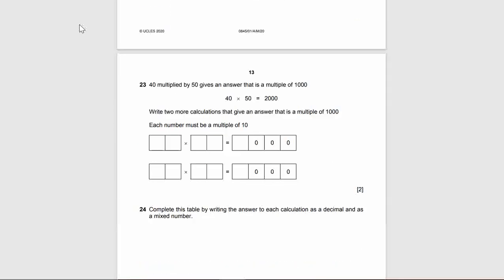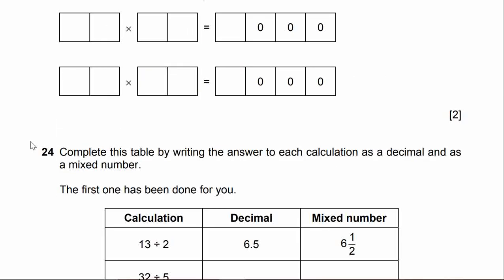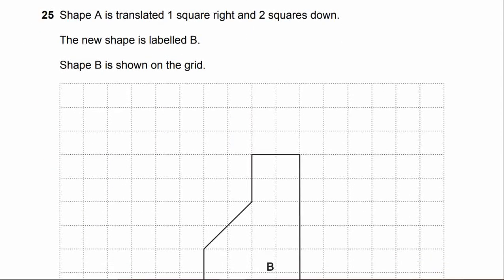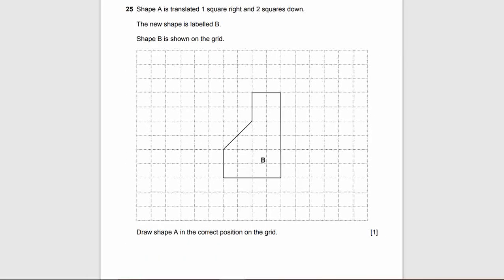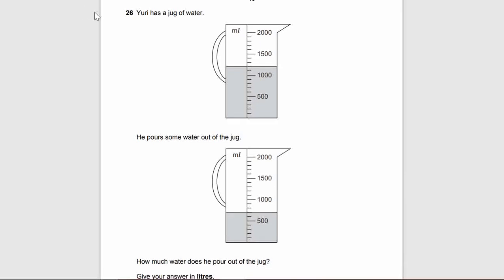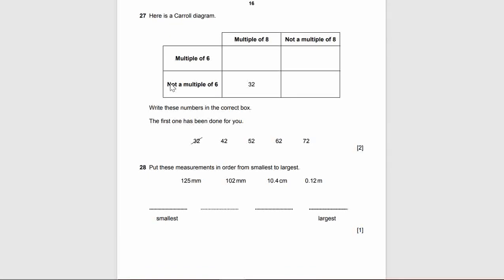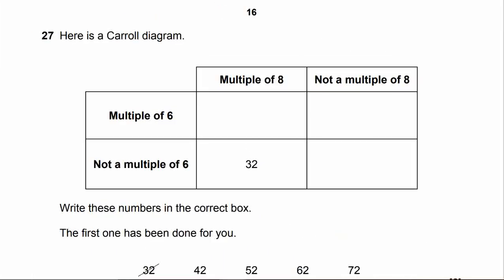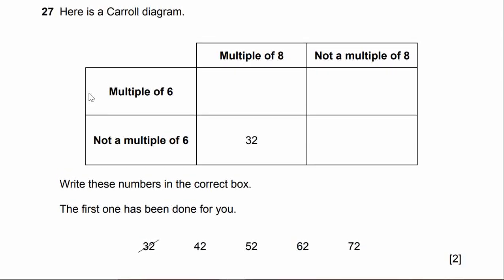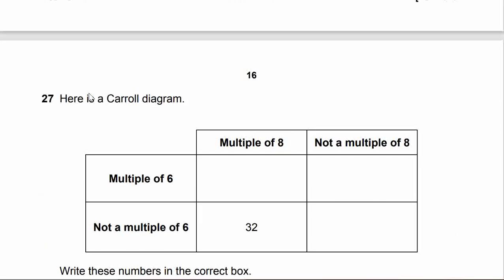The whole question is number 23, and this is number 24, and this is number 25, and this is number 26, and this is number 27, and this is number 28, and this is the last, number 28. So let's get started from number 1.